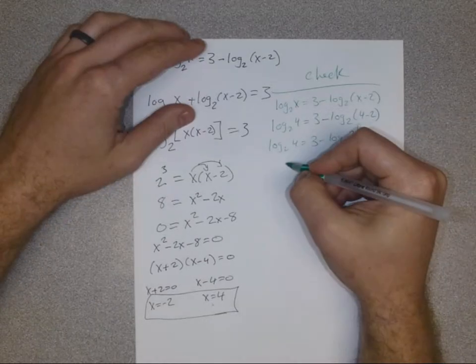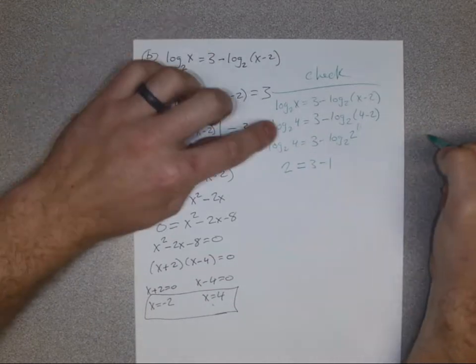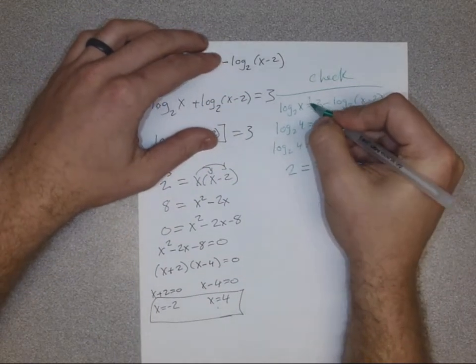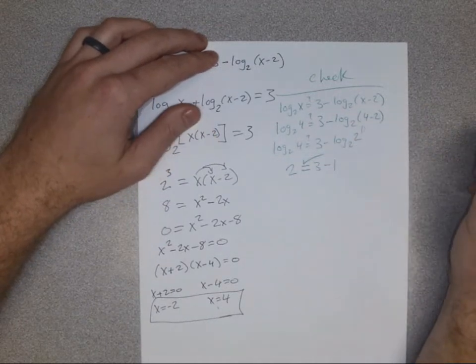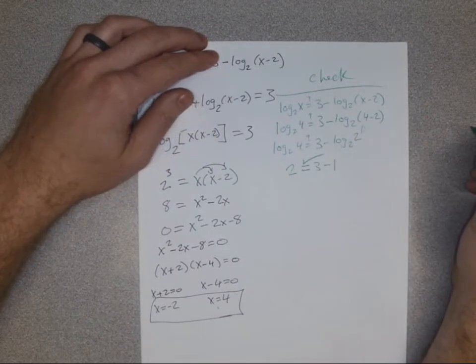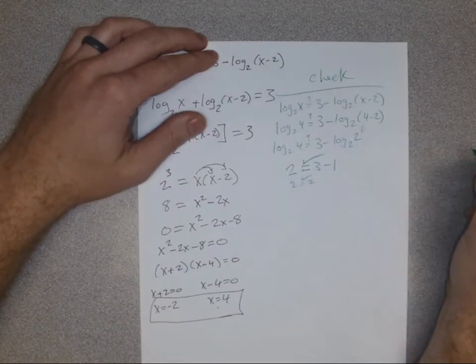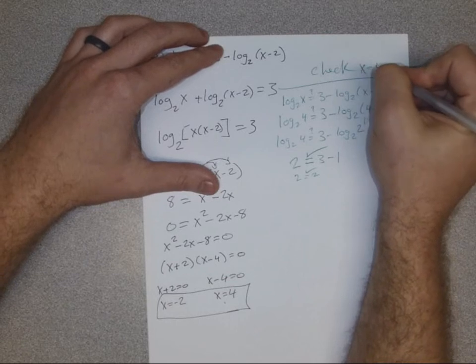And hopefully you're okay with that by now. 2 is equal to 3 minus 1. If you're not, then just do side work on that. And we should be questioning this the whole way down. And so, yep, those are equal to each other. 2 is equal to 2. Yep. So this was check x equals 4.